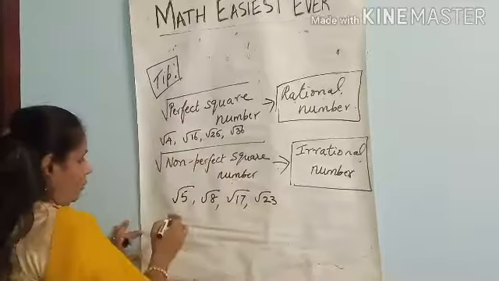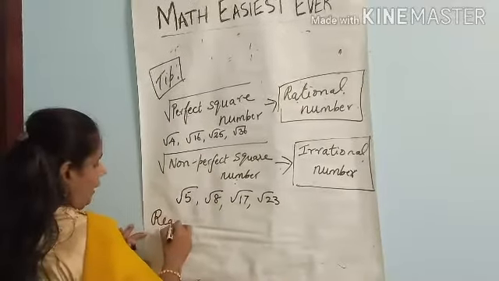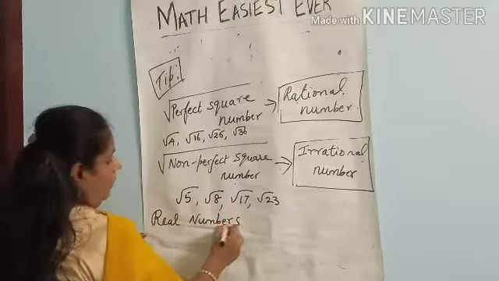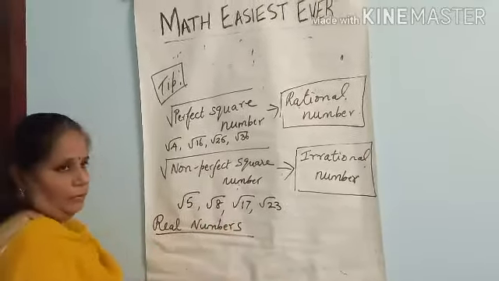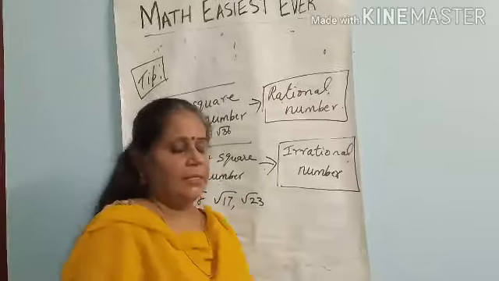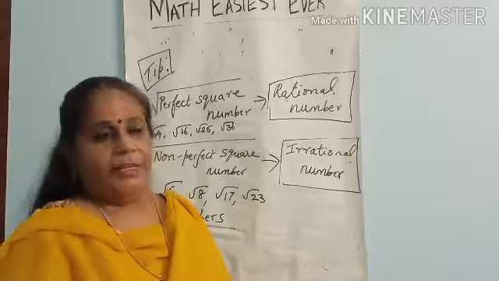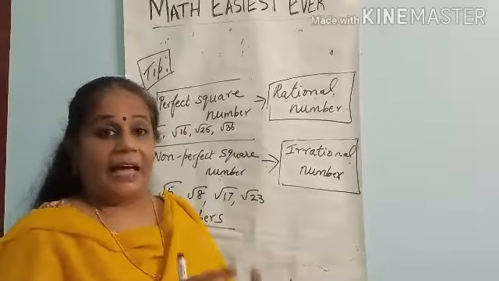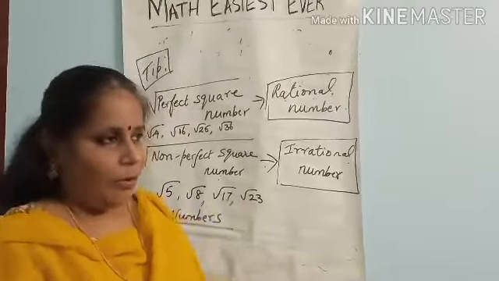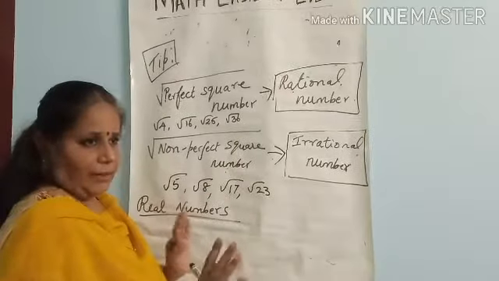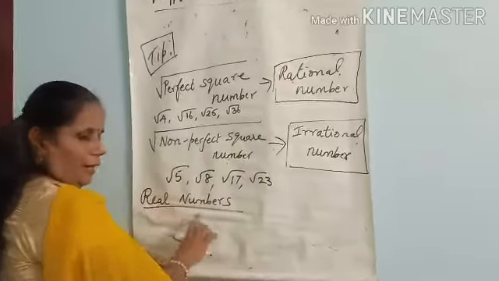Now we'll see what are real numbers. We have learned in the previous classes whole numbers, natural numbers, integers, rational numbers and irrational numbers. All these numbers together are real numbers.